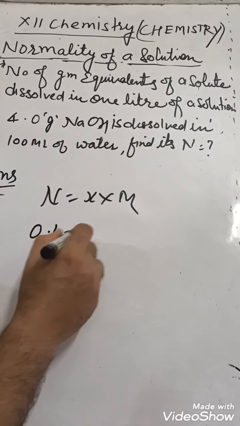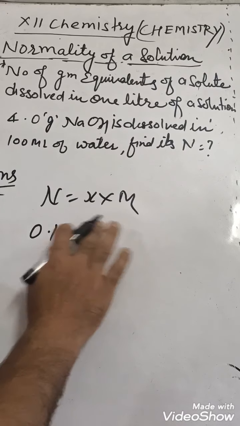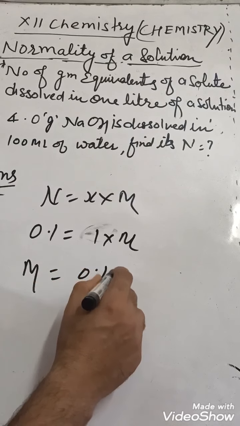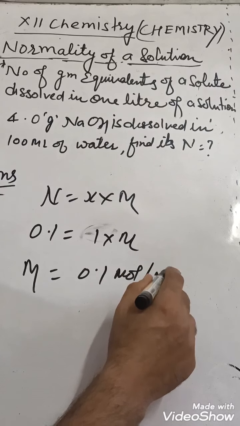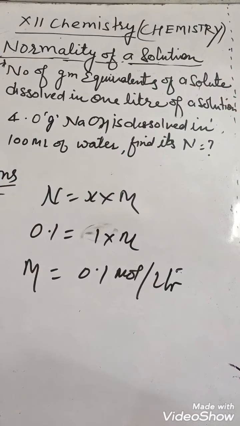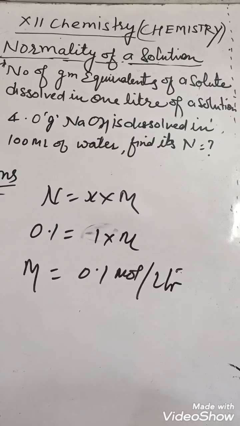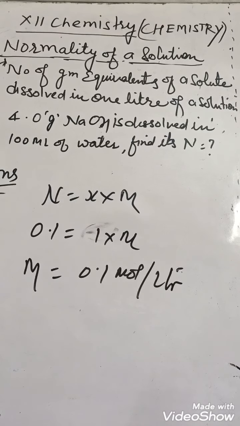Normality 0.1 is equal to X, X is 1, into molarity. So molarity is equal to 0.1 mole per liter. So remember, if stoichiometry of a solute is 1, then its normality and molarity will be equal.